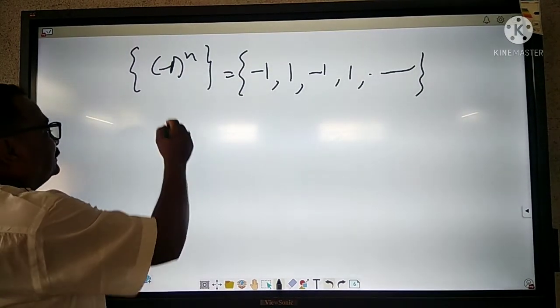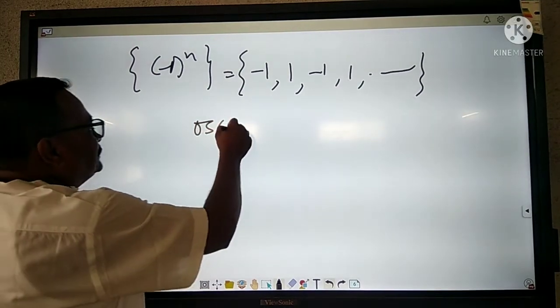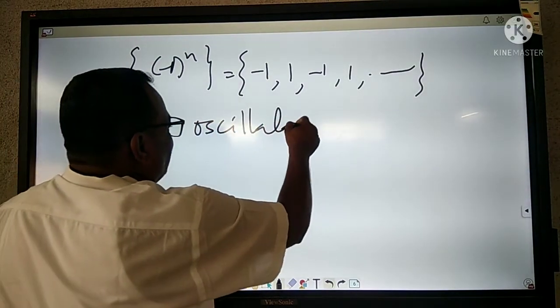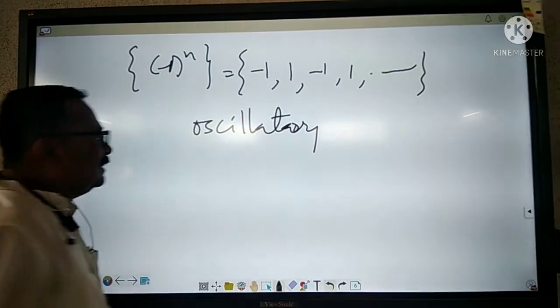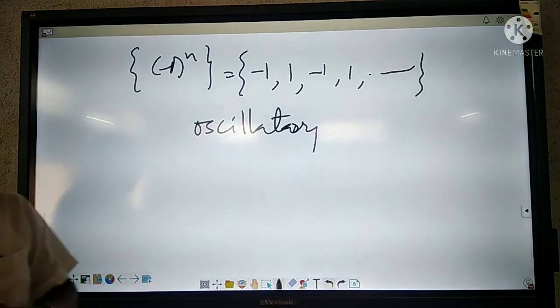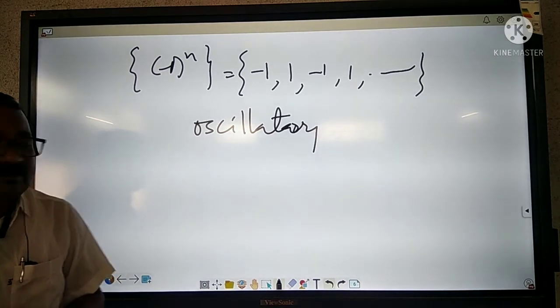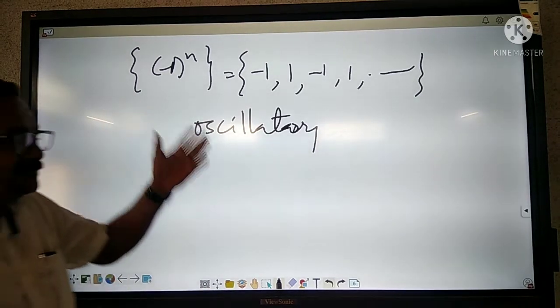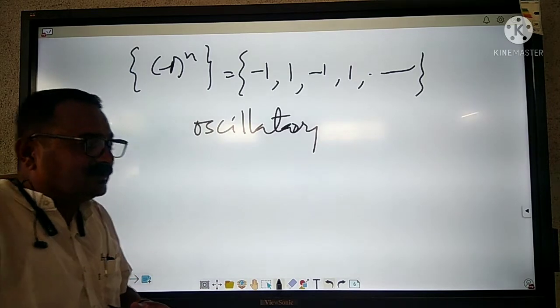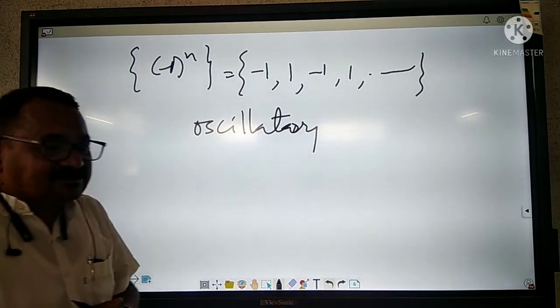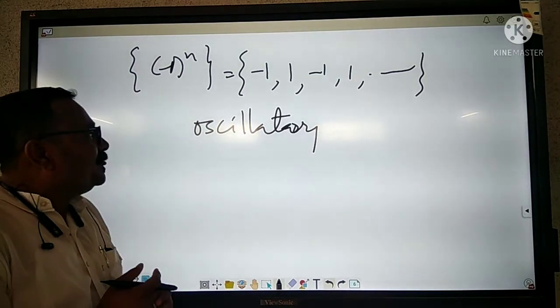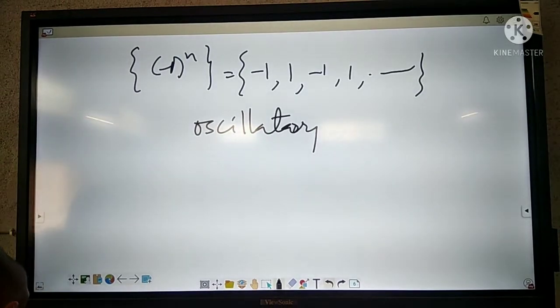So we say that this sequence is an oscillatory sequence. Oscillatory means it has no finite limit. The limit of this sequence may be 1 or minus 1, so it does not converge or diverge. Okay? So this is an example of an oscillatory sequence.